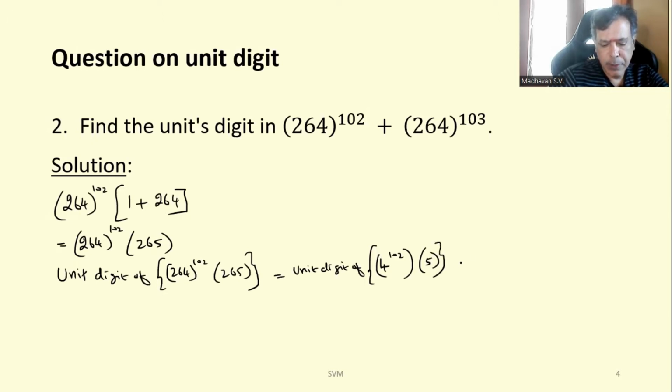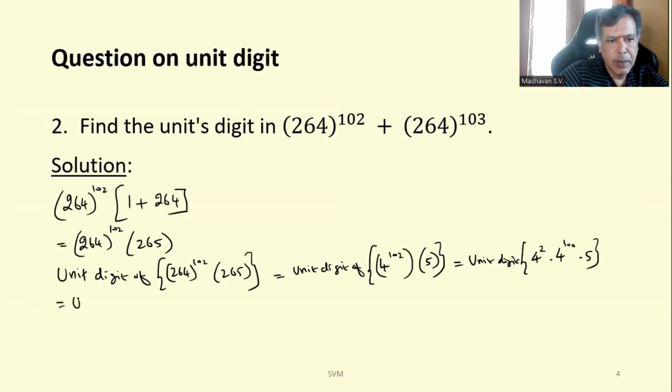That can be rewritten as the units digit of 4 power 102, which can be written as 4 square into 4 power 100 into 5.